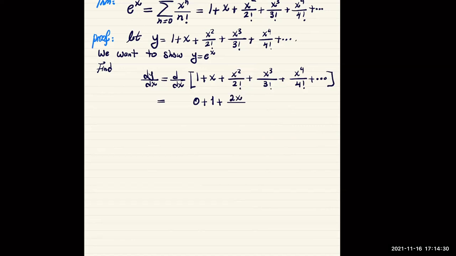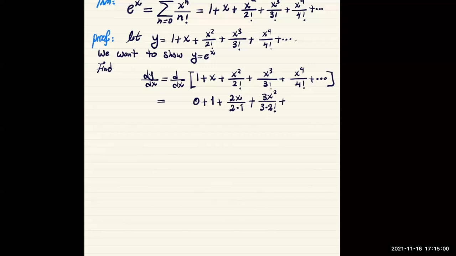Okay, and I'm gonna write 2 factorial as 2 times 1. Why did I do that? Well, the 2's are gonna cancel. The derivative of x cubed is 3x squared over 3 factorial. Don't do anything with that constant, but since I have a 3 here, I'm gonna write 3 factorial as 3 times 2 factorial.